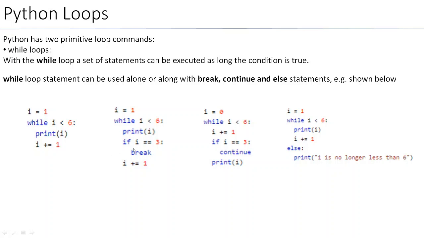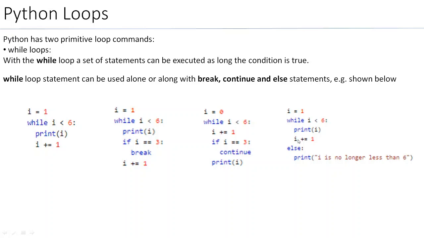Similarly, you can also check for some condition. Suppose when I am printing up to 5, if i is equal to 3, then I want to come out of the loop. So I would be printing up to 2 and coming out of the loop. Similarly, if I want to skip something, then I can use continue. Suppose if i is equal to 3, that means I don't want to print 3. Other than 3, I want to print everything, then you can skip.